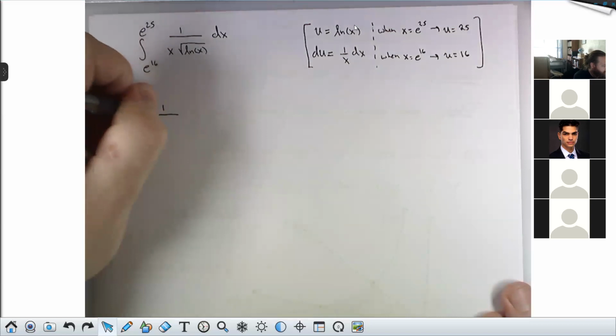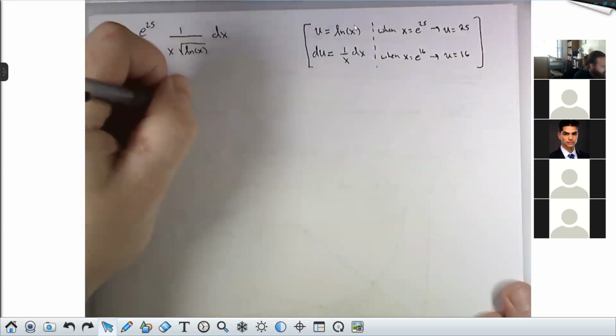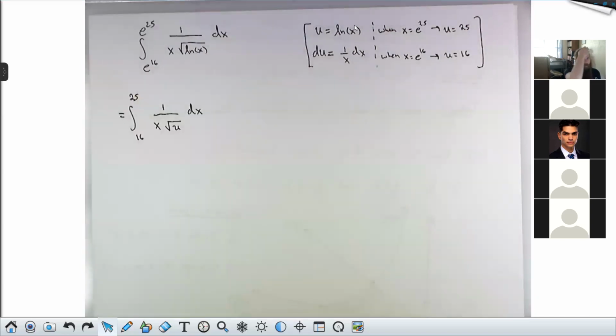I have 1 over x times the square root of u dx. And I need to get rid of all the x stuff before I can do any antiderivative stuff or algebra. After plugging in the obvious piece, you take care of the differential.